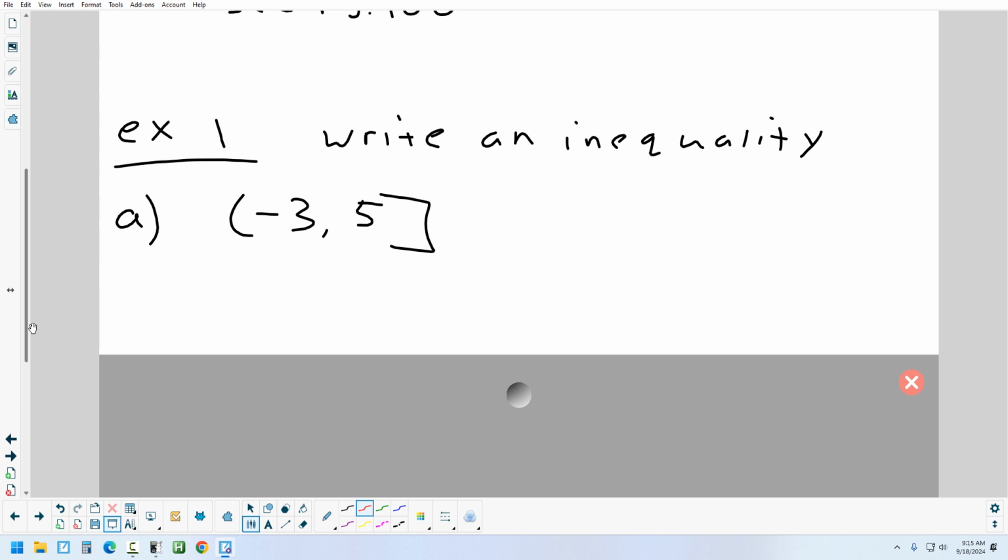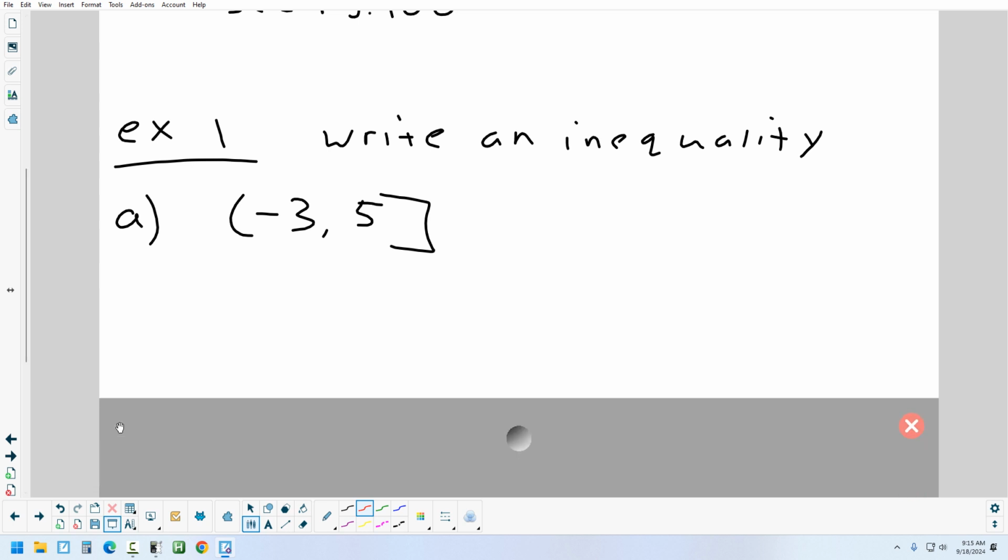All right, so let's see if we can translate that into an inequality. So first of all, Jack, is that bounded or unbounded? That's bounded, yep, because it has a number on each end. Is it half open or fully open, half closed, fully closed?